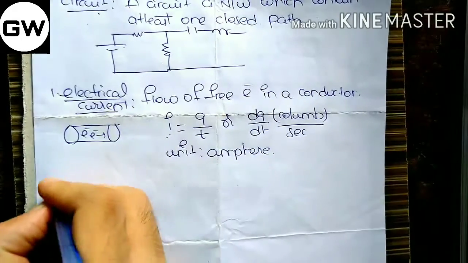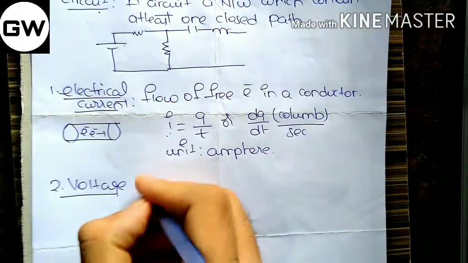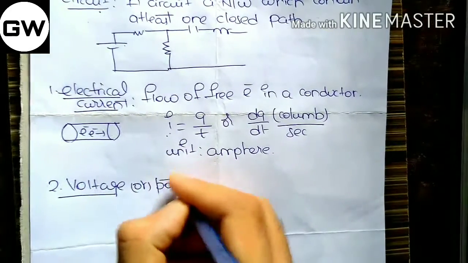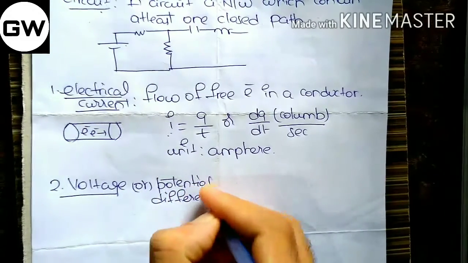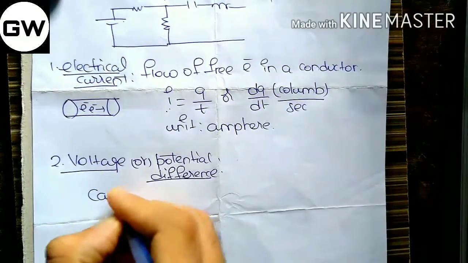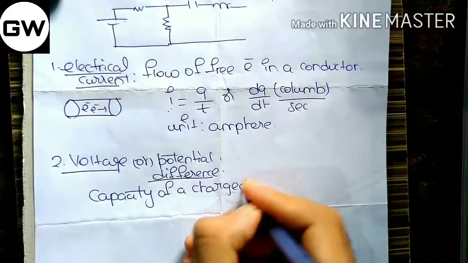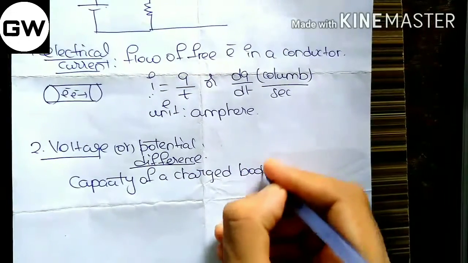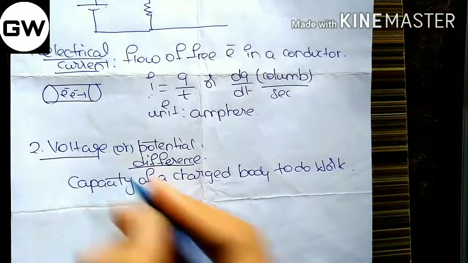The second parameter we'll be discussing here is voltage, also known as potential difference. Potential difference is nothing but the capacity of a charged body to do work. The capacity of a charged body to do work is known as voltage.